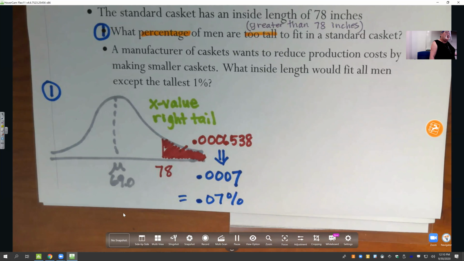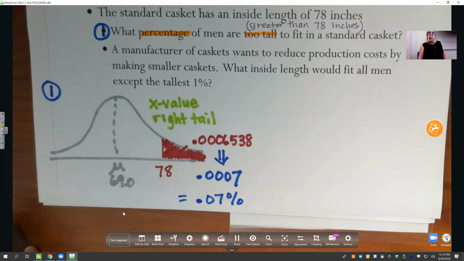I mean, guys, that's less than 1%. Think about it, 0.0007 is really close to 0, meaning the casket's going to fit virtually every man, 99.93% of men. I think we're covered.